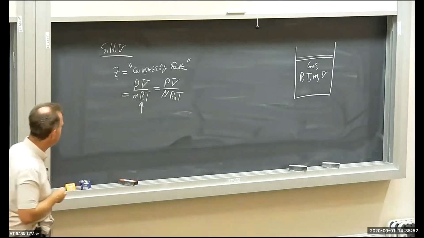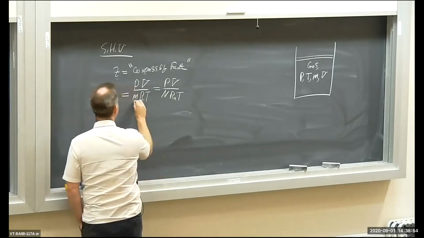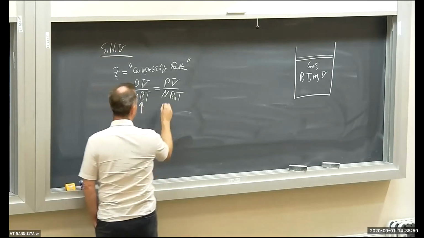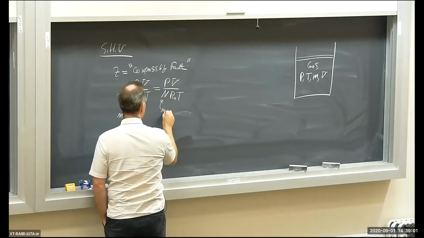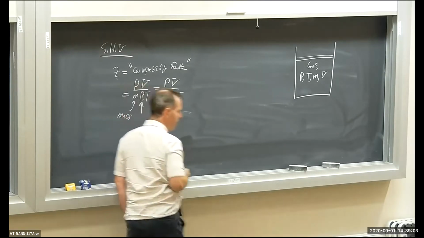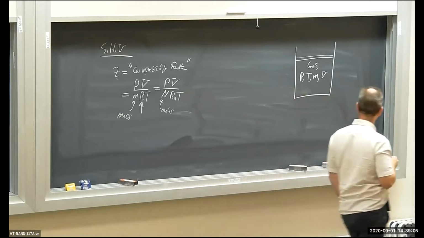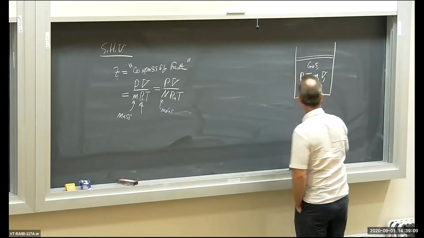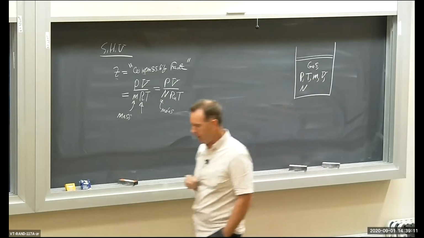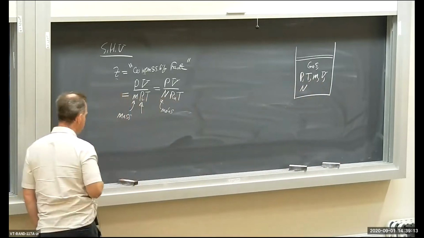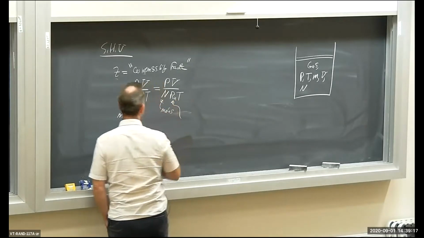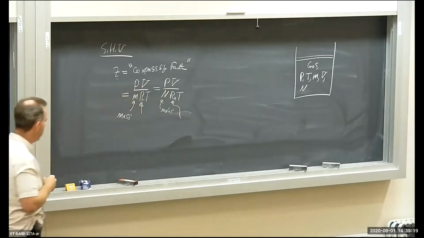So we have two different versions here, one involving the mass and one involving moles, the number of moles or molecules. We could have N moles inside our container of gas as well. In both of these equations, we have this R term, but one's a little bit different.